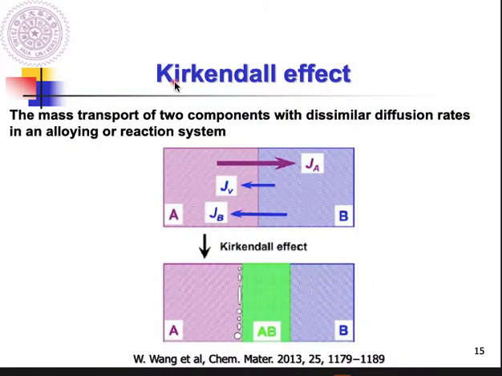There's a very famous example of interdiffusion, which we call the Kirkendall effect. What is the Kirkendall effect? It happens in a diffusion couple. We have material A bonded with material B to form a diffusion couple AB.